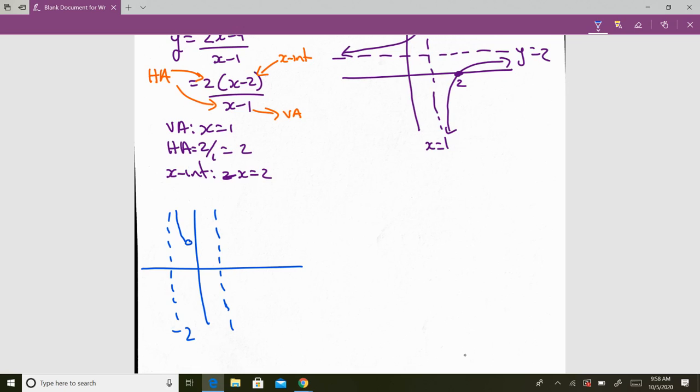We'll have a hole at -1. Where do we want our horizontal? 0. And we'll have our x-intercept at 4.